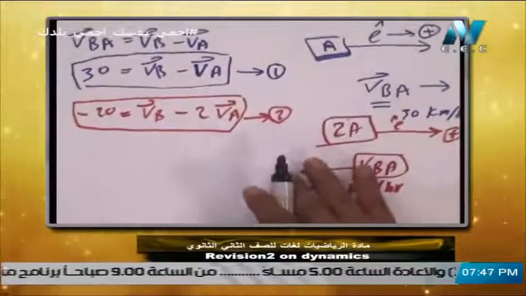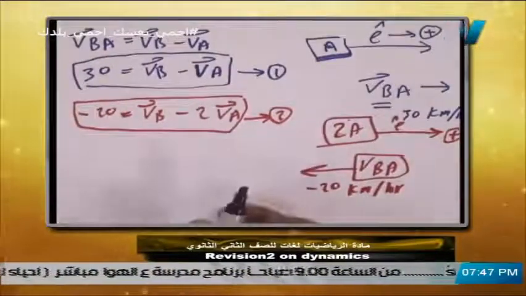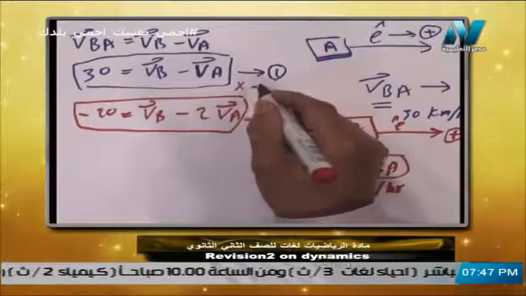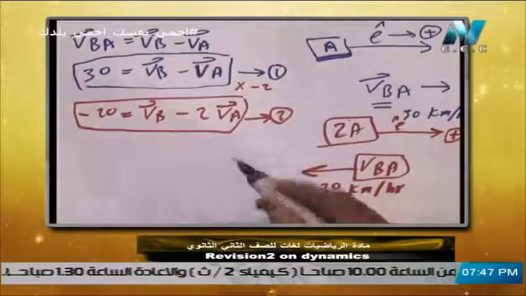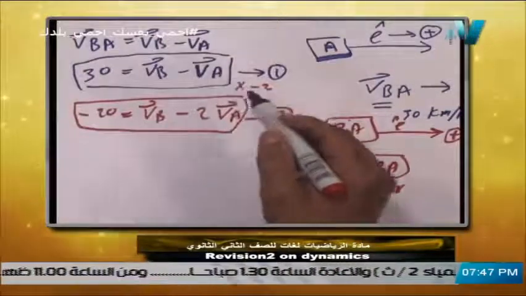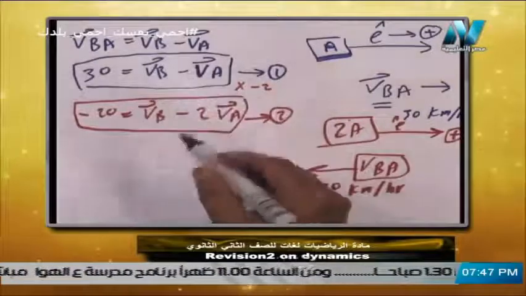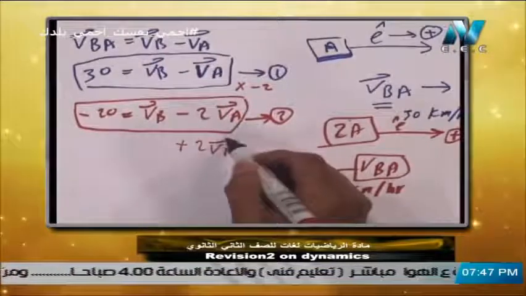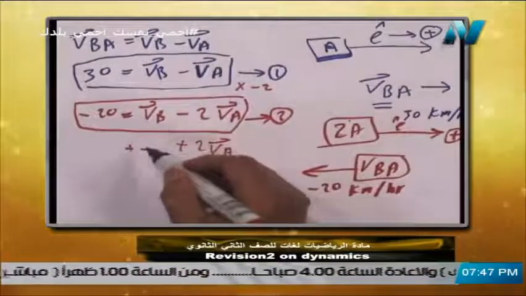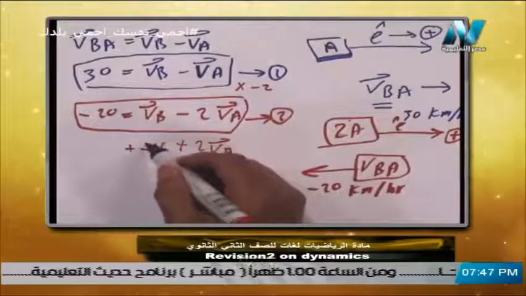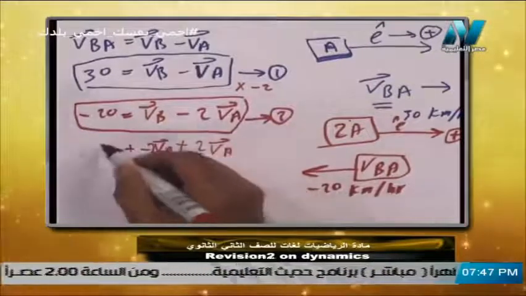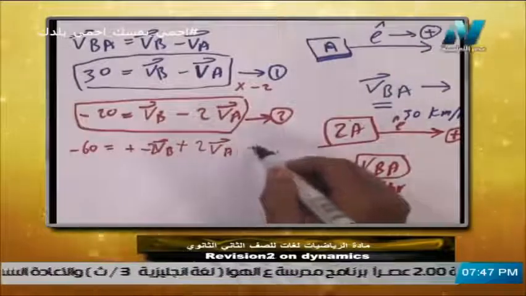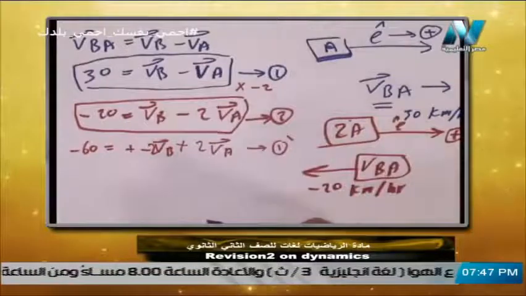By solving these 2 equations, you will get what? Here, multiply the first equation by negative 2. Why? Because if we multiply negative VA by negative 2, the answer here will be positive 2VA. Here will be negative 2VB, and here will be negative 60. Okay, this is number 1 dash.